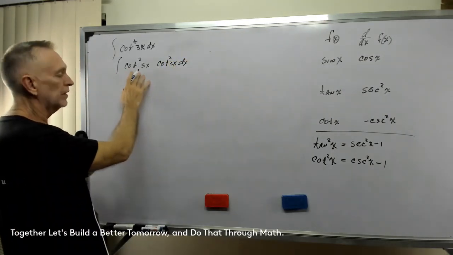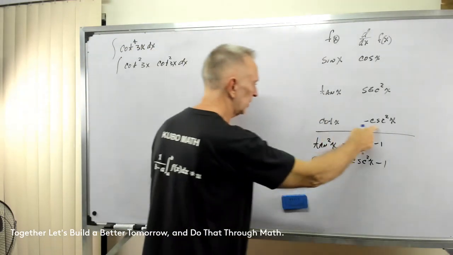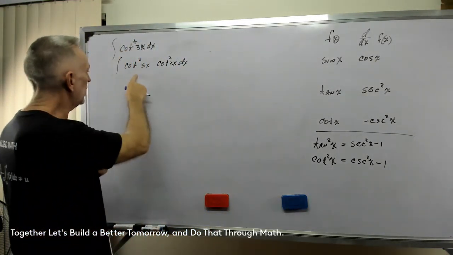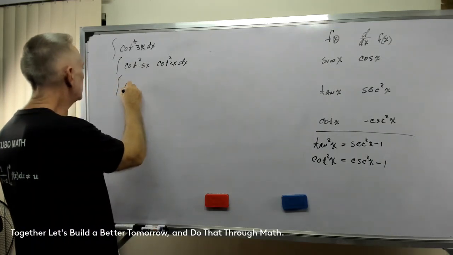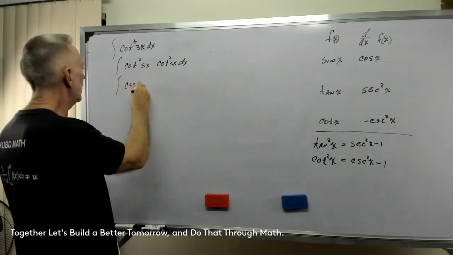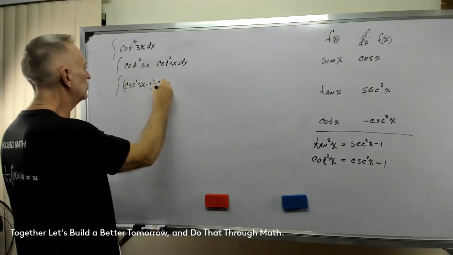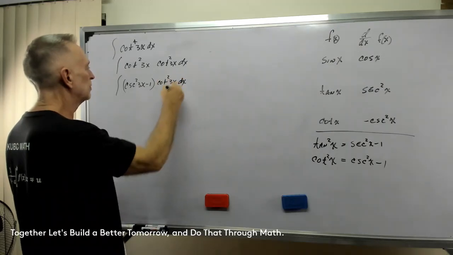Okay, now then, as we mentioned earlier, cotangent and cosecant, they're big buddies. So let's change one of these cotangents into cosecant 3x squared minus 1 times cotangent 3x squared dx.